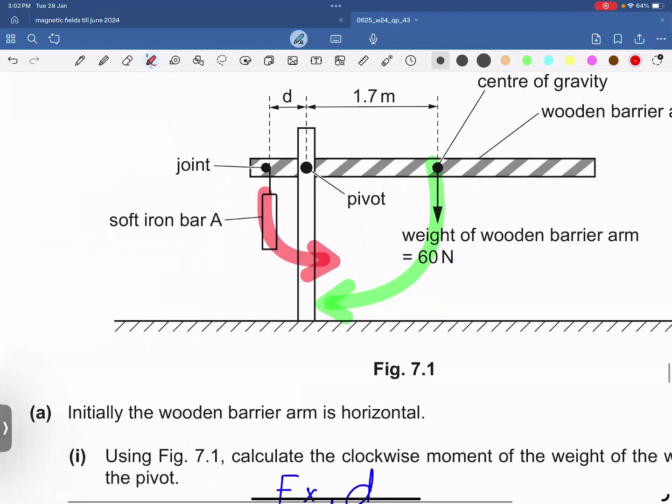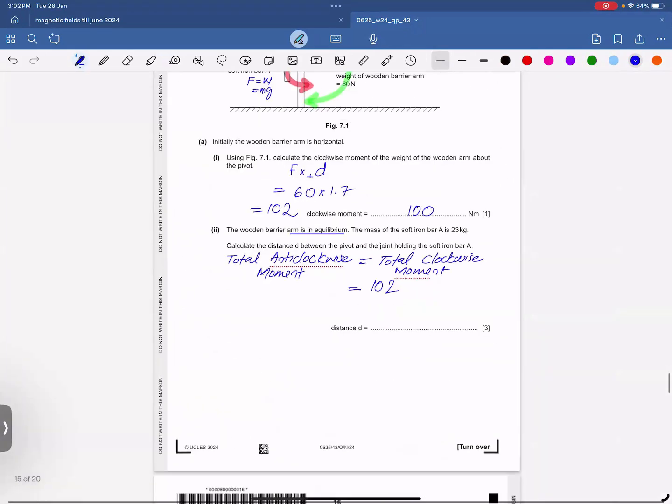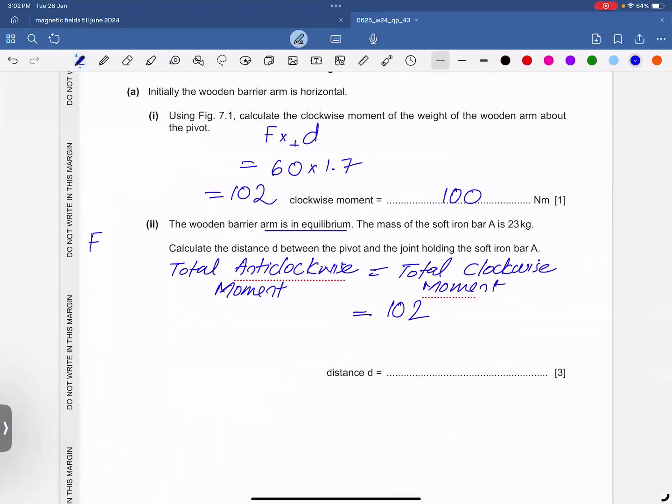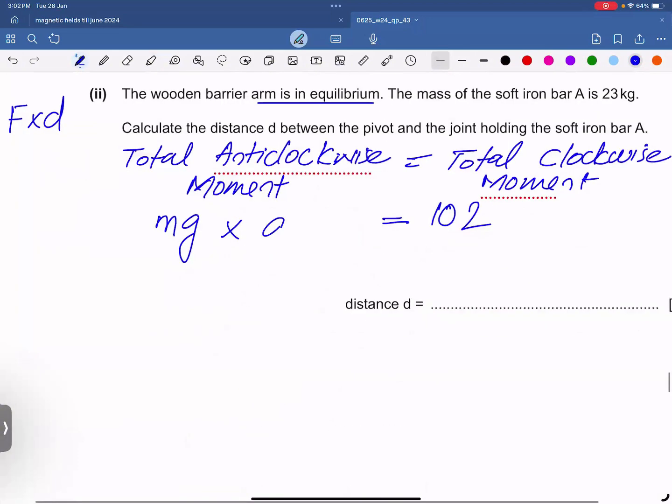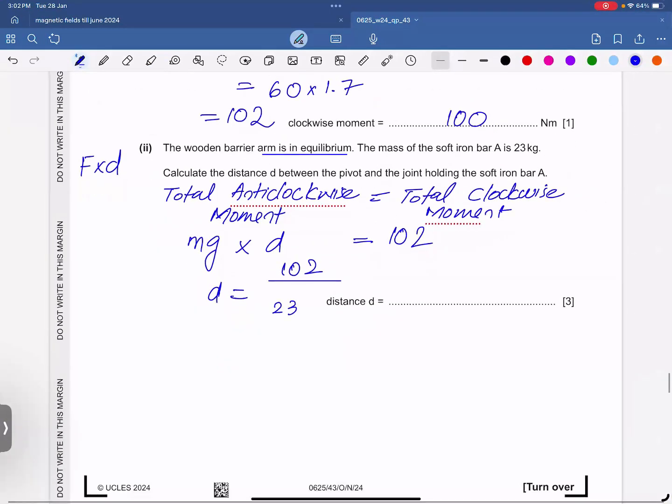First of all, for the iron bar, its force equals its weight, which is mg, and the distance d is unknown. So we do force times distance. Force is mg and distance is unknown. Plug in the values. So d will be 102 divided by mg. M is 23 and g we use as 9.81.